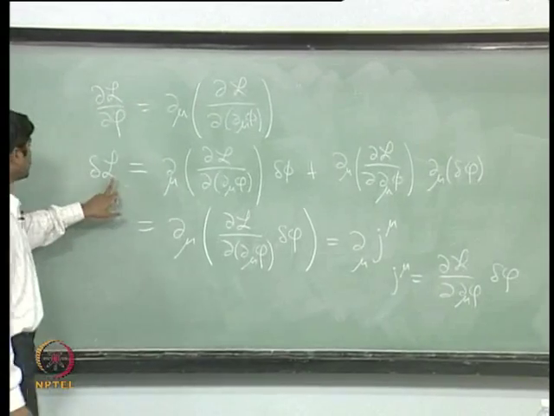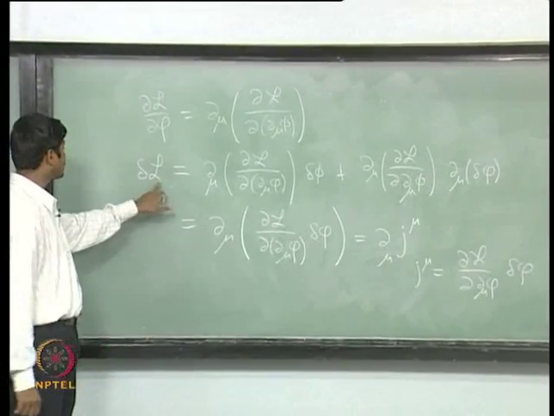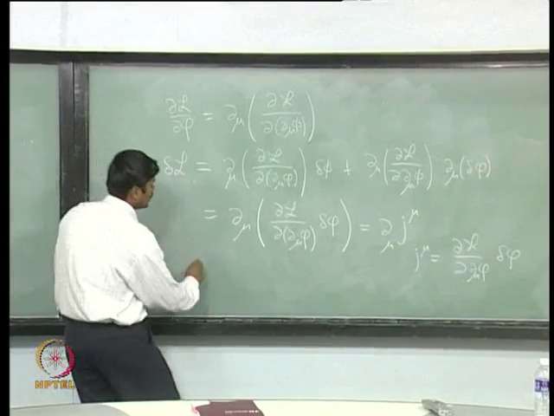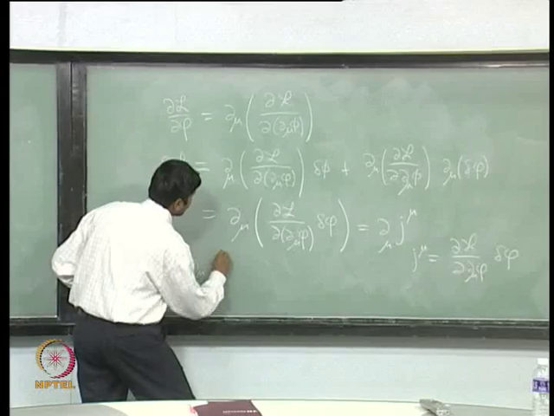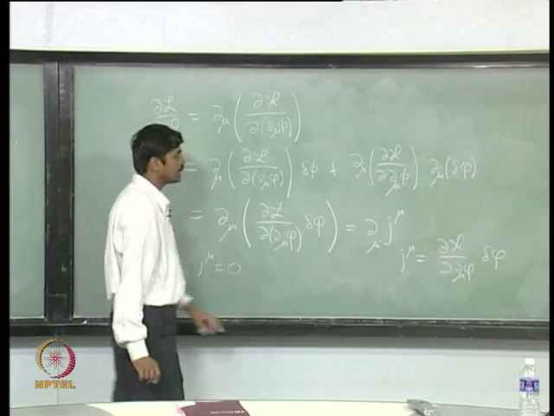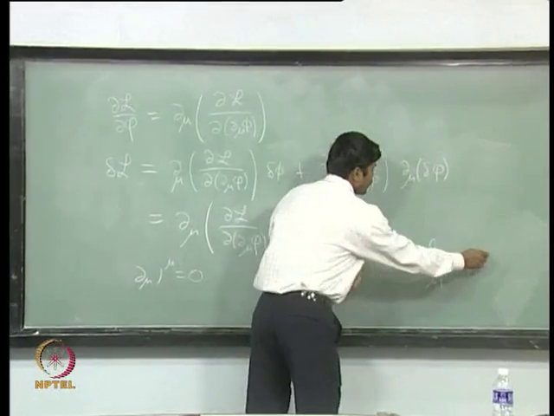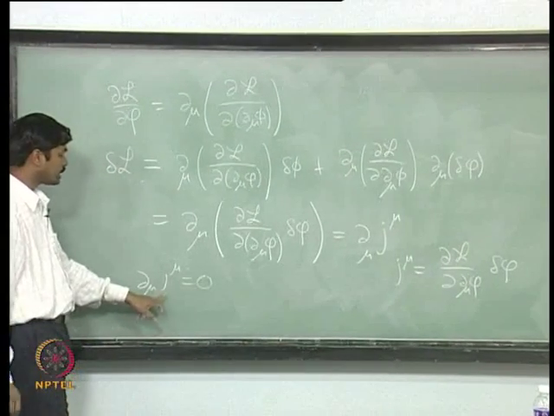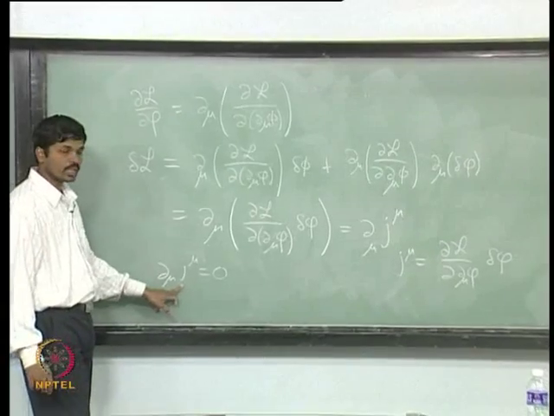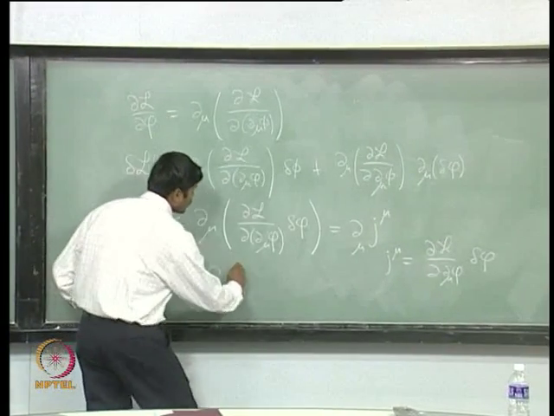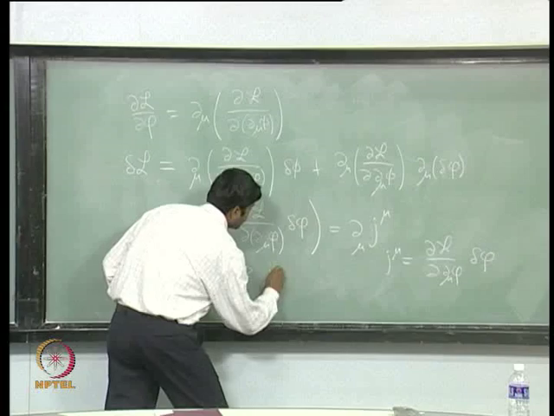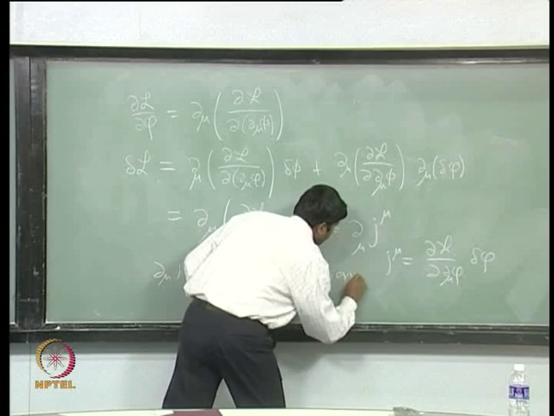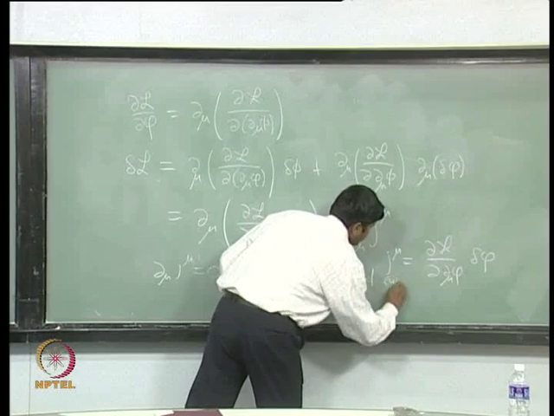So, the invariance of the Lagrangian means that delta L equal to 0. So, if delta L equal to 0, then del mu j mu equal to 0, where j mu is the quantity given by this expression. Whenever this happens, you call this quantity j mu a conserved current. So, del mu j mu equal to 0 implies j mu is a conserved current.